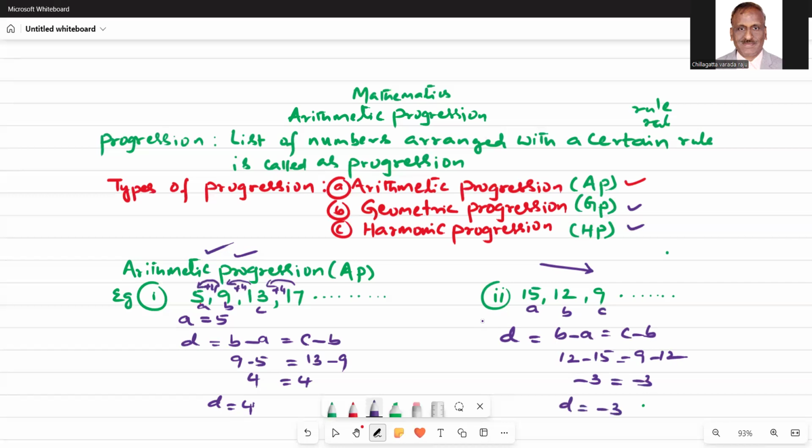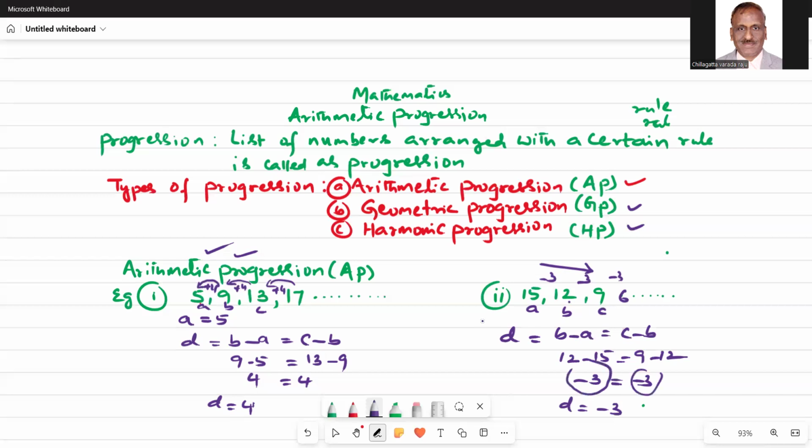Shall we check? 15 minus 3 is 12. 12 minus 3 is 9. 9 minus 3 gives you 6. That means the list of numbers reduces from 15, 12, 9 to 6, and it goes on like that. So what is the common difference here? Minus 3.